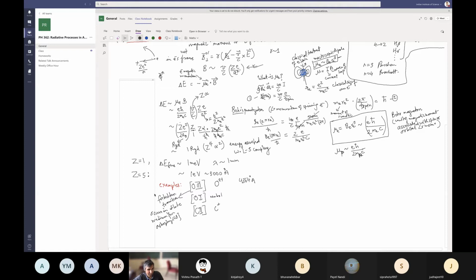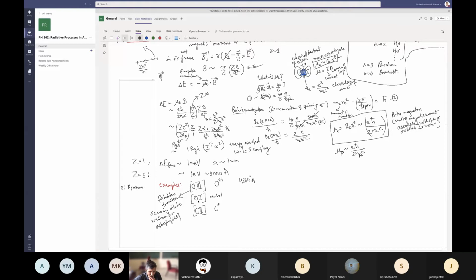Oxygen has 8 protons. But this is oxygen 2+, and if you're looking at the outer electrons, then some of these protons are shielded. So for complex atoms, it's difficult to just apply this scaling right away.